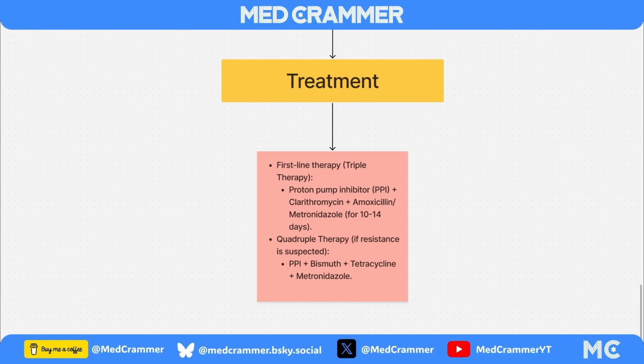The quadruple therapy is given if the first-line therapy was not very successful, if there's resistance. Again, PPI, and then we have bismuth, which is supposed to enhance the mucosal defense against the acidity of the stomach, and again, tetracycline and metronidazole.